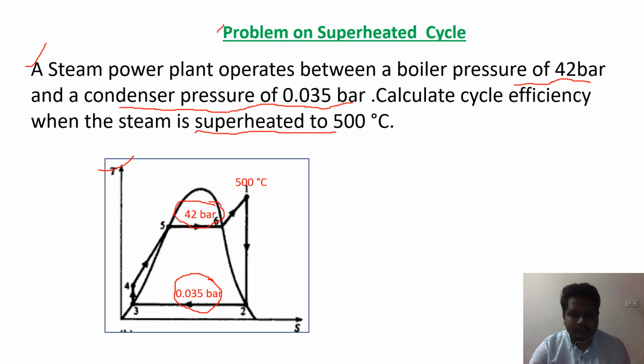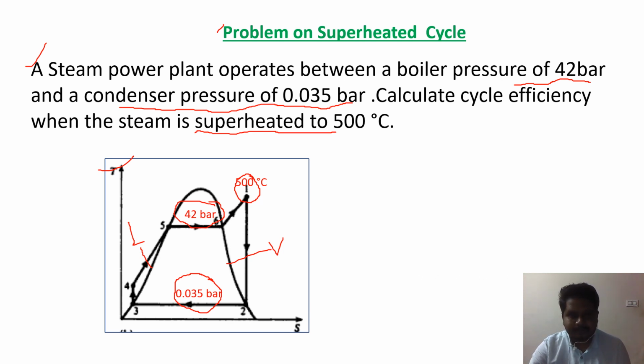As we know, here point 1 is in the superheated region. This line is the saturated vapor line, and this line is the saturated liquid line. But point 1 is beyond the saturated vapor line, and that region is the superheated region.